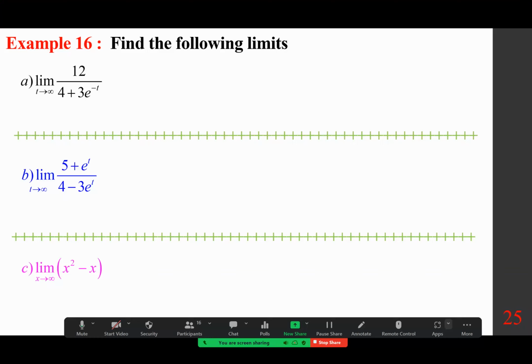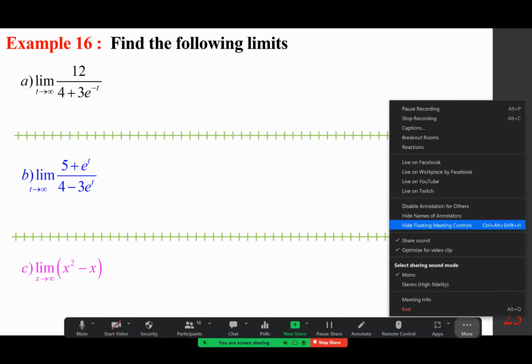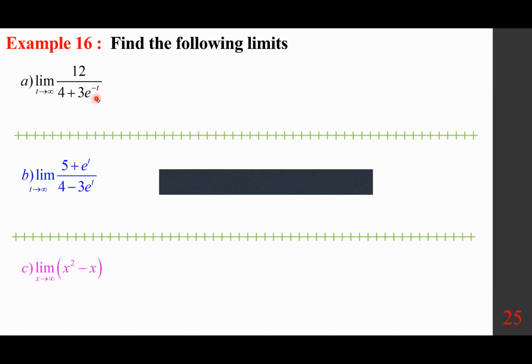All right, we want to take a limit here, of 12 over 4 plus 3 e to the power minus t as t approaches infinity. We plug in and observe.